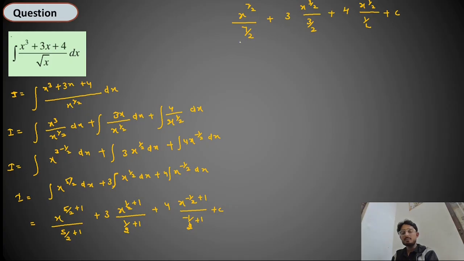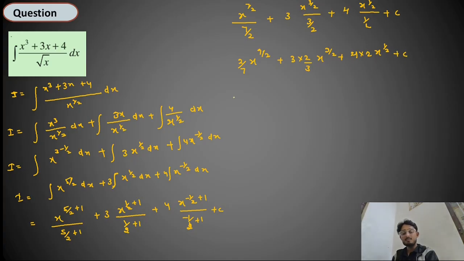Now you can reverse the term. You get 2 upon 7 x to power 7 by 2 plus 3 into 2 upon 3 x to power 3 by 2 plus 4 into 2 x to power 1 by 2 plus c.